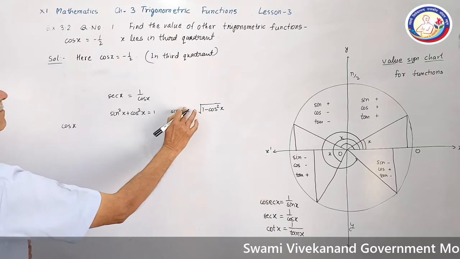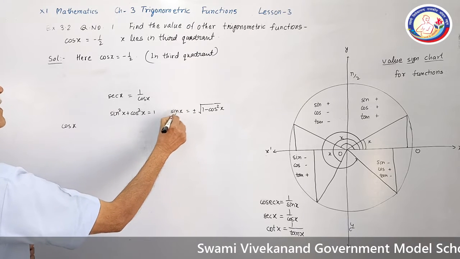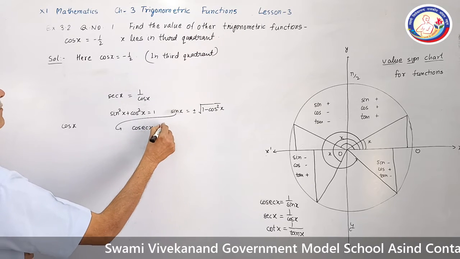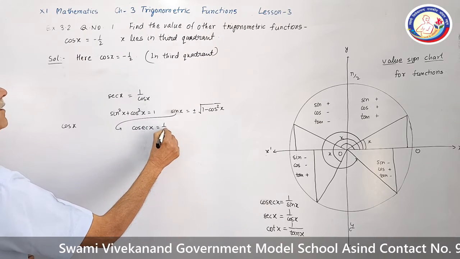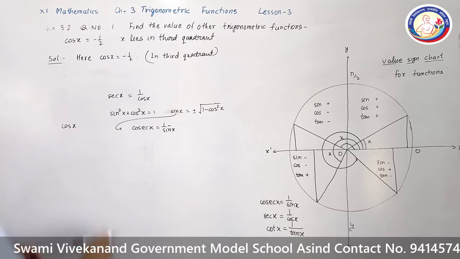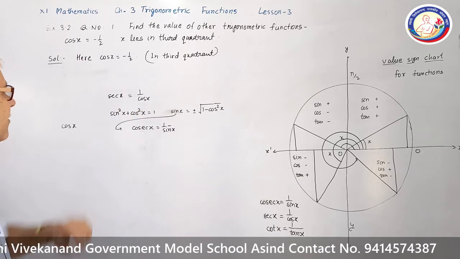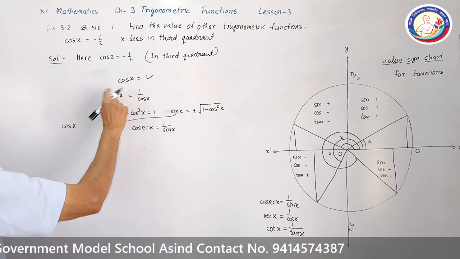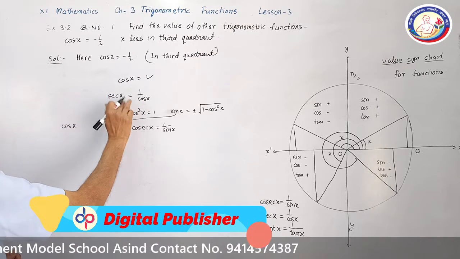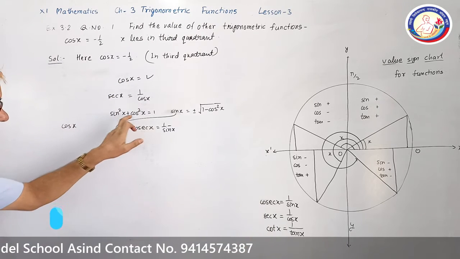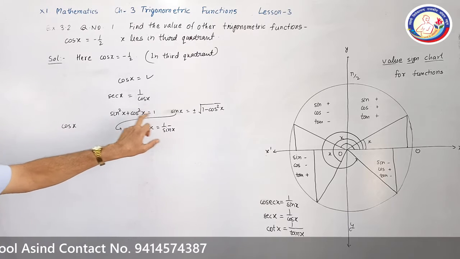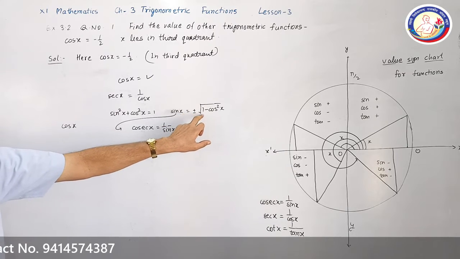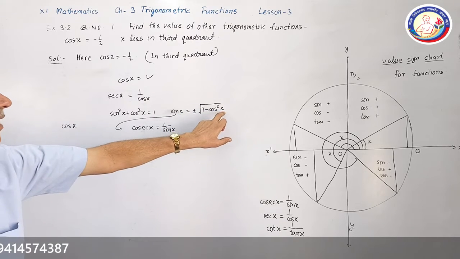If sine is known, from sine x we can easily find cosec x as 1 upon sine x using this relation. Cos x is known to us, so we can find sec x directly. Then using the first fundamental identity, we can write sine x as plus minus square root of 1 minus cos square x.